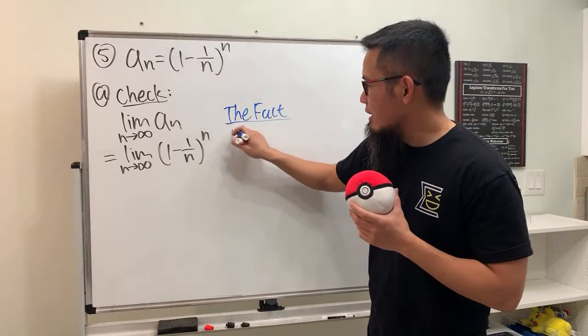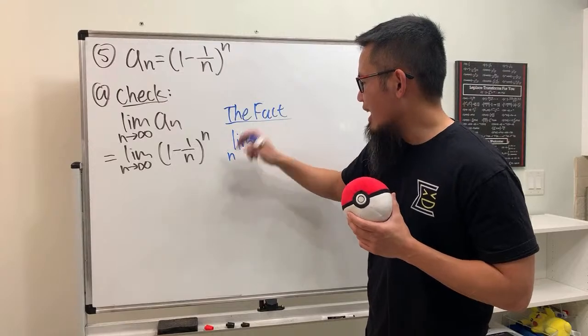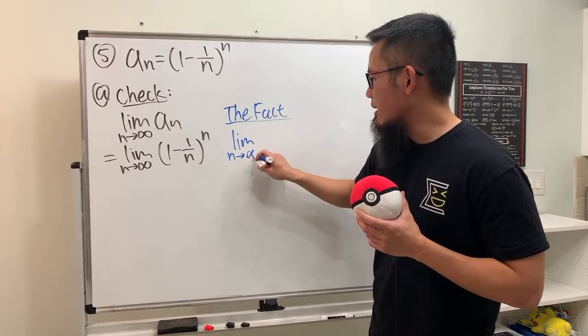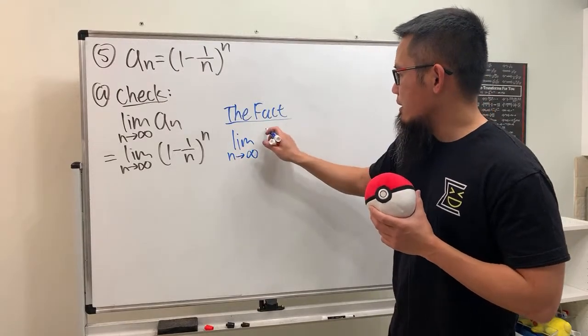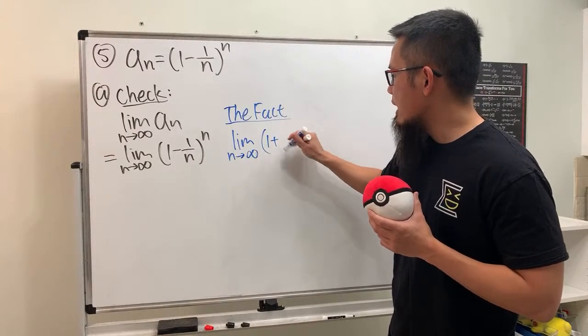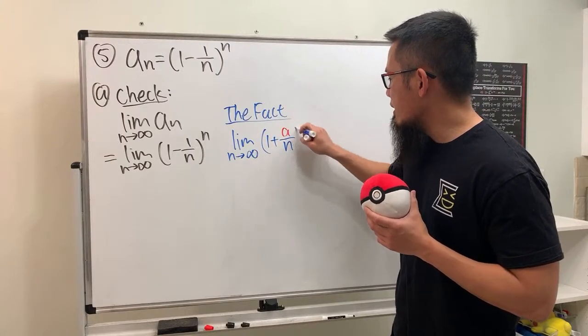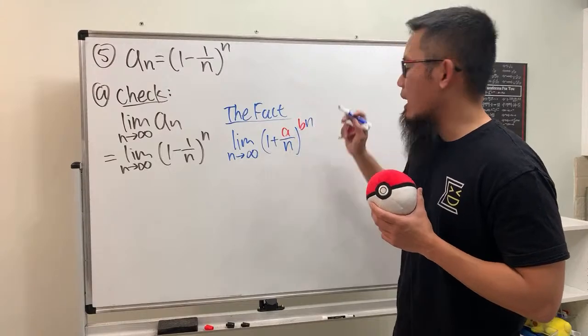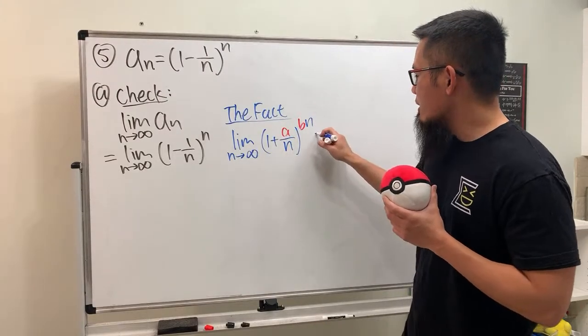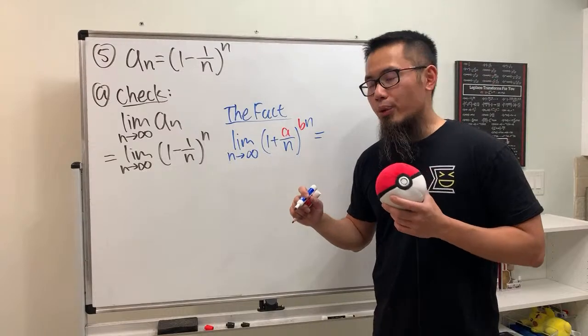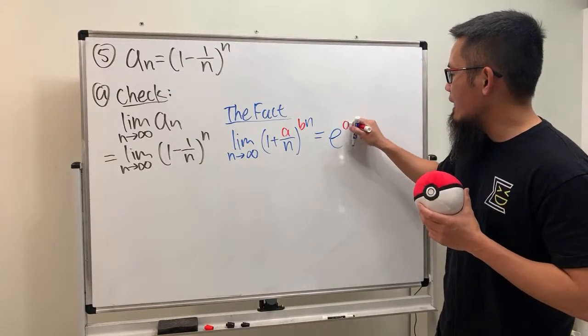The fact is, if you have the limit as n or x, whatever letter you're using, doesn't matter, goes to infinity of (1 plus a over n) raised to the bn power, this is equal to e to the ab power.